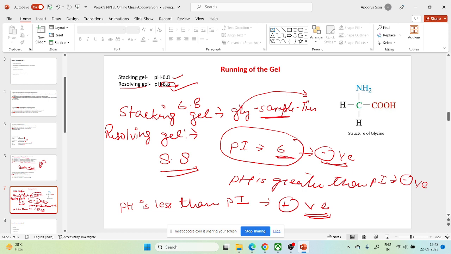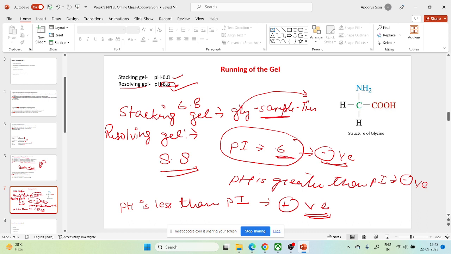So you have to understand why glycine is behind in the stacking gel, and why glycine comes forward and starts moving in the resolving gel. It is because the PI of glycine is somewhere around 6, and in the resolving gel the pH is 8.8, and this pH is greater than the PI of glycine.